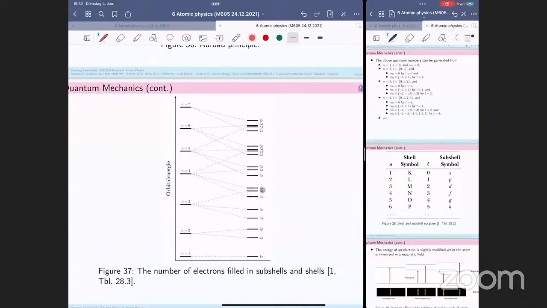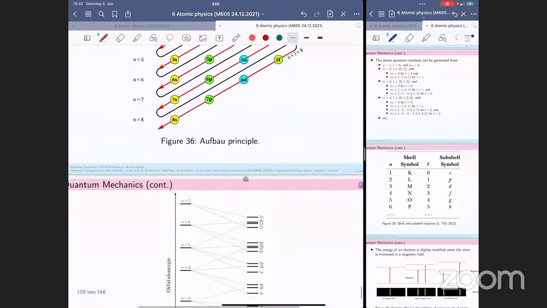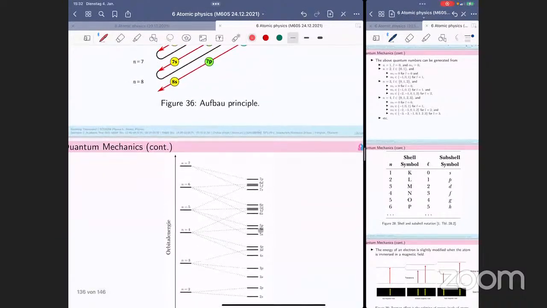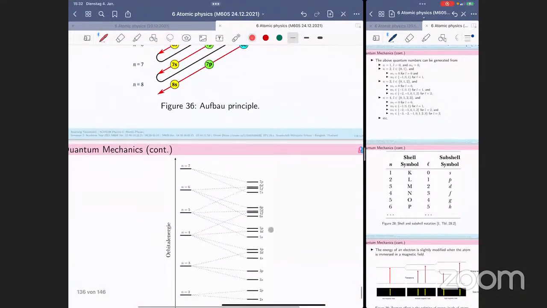So 3d is higher than 4s, even though it is d, according to this orientation. 4d is higher than 5p. Sorry, is lower. 4d is lower than 5p, but 5s here is before 4d, so it's lower than 4d, and so on.